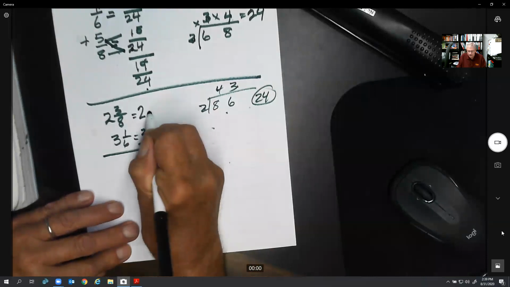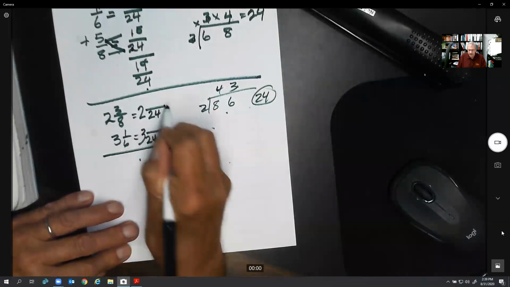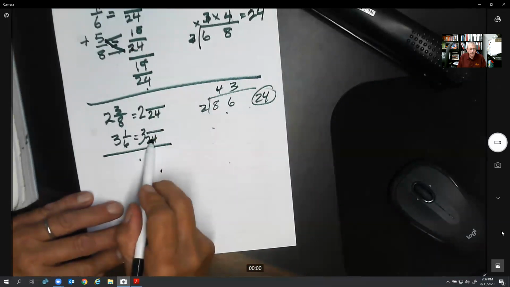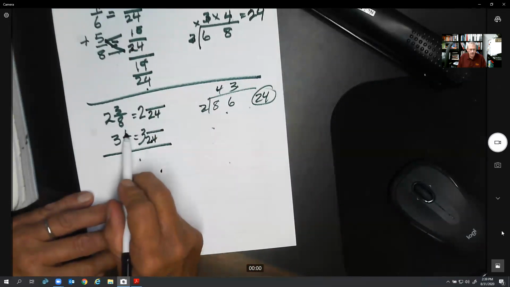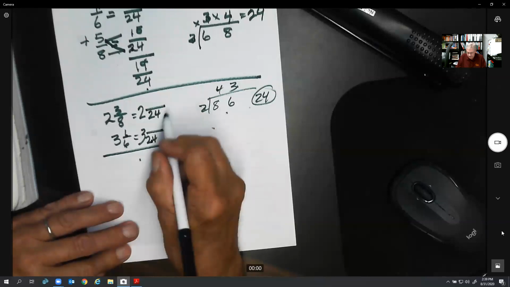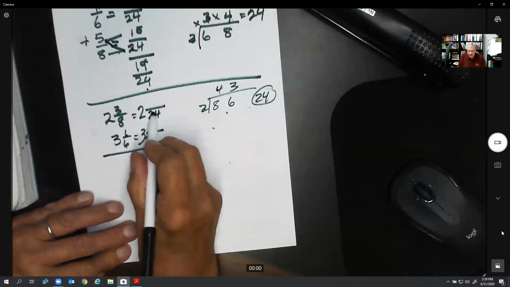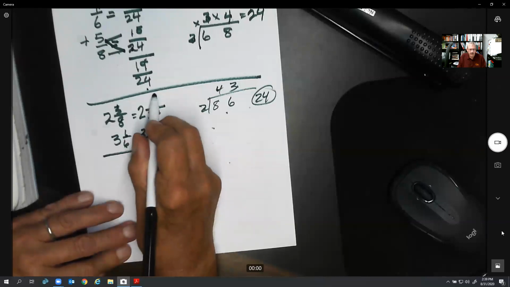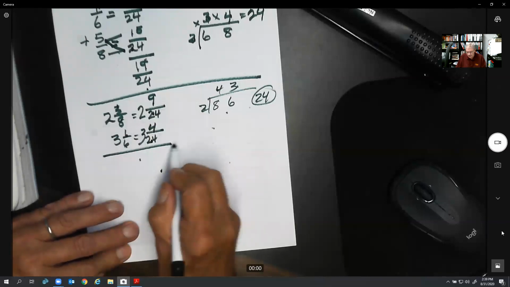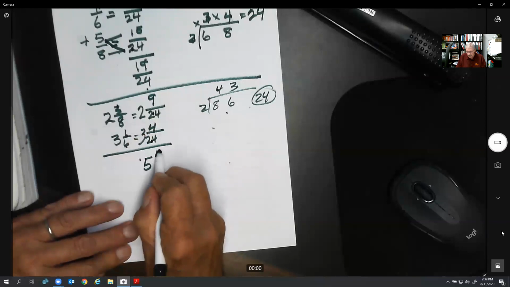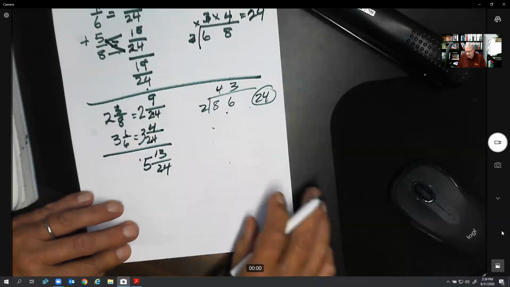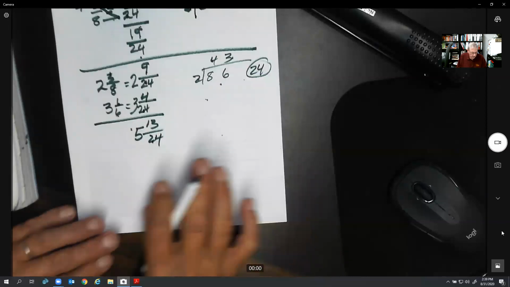Should do that always first. Now the common denominator. 6 into 24, 4. 4 times 1, 4. Write it down. Divide, 3. Multiply, 9. Write it down. Calculate, 5 and 13/24. Just that easy. Don't make it hard.